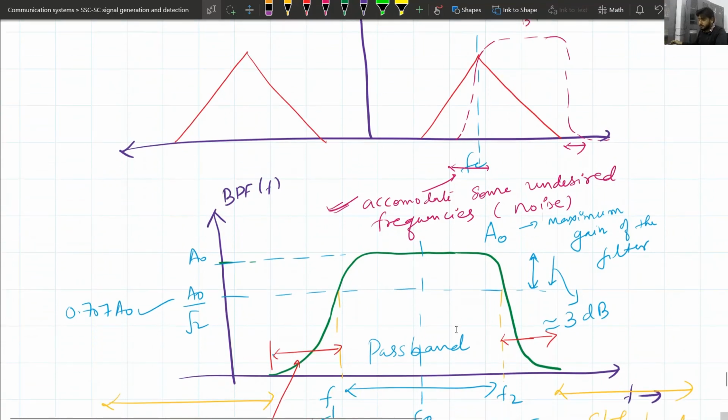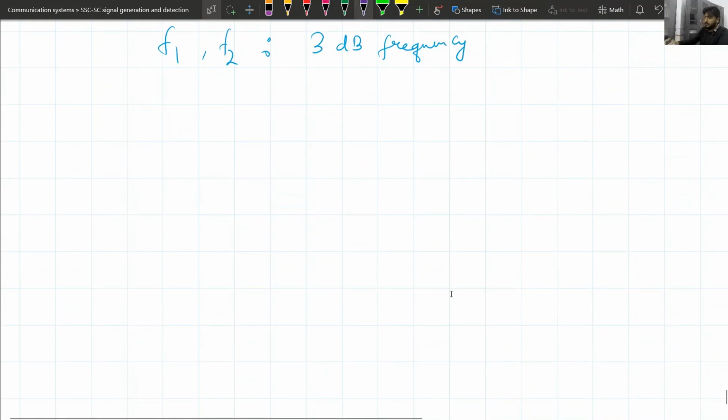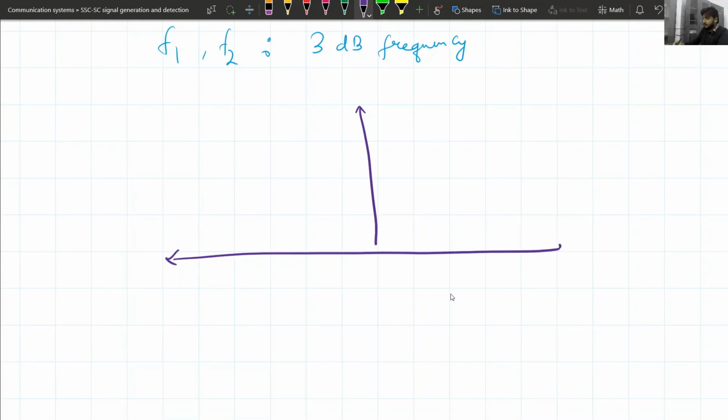So for this purpose, the condition to use this method is that, suppose this is our message signal, then between the lower sideband and the upper sideband, there must be certain energy gap.